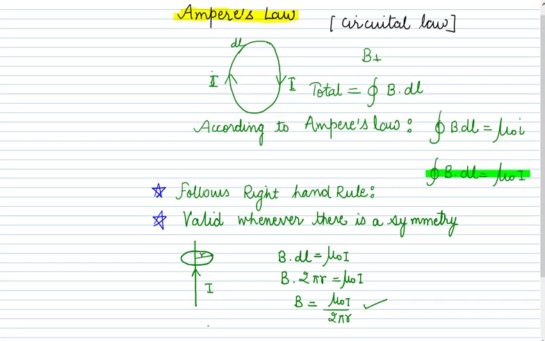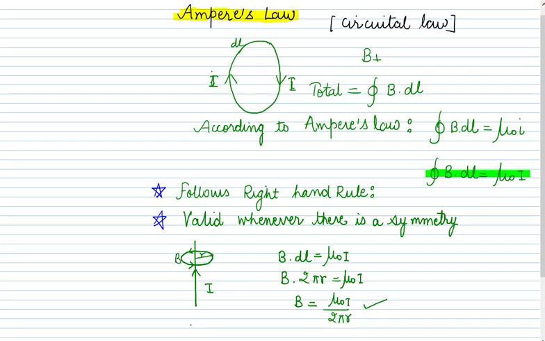And if you want to know the direction of the magnetic field, just fold your fingers, and your thumb should be pointing upward because this current is in the upward direction. So if your thumb is pointing upward, your fingers are folded like this, and this shows the direction of the magnetic field.